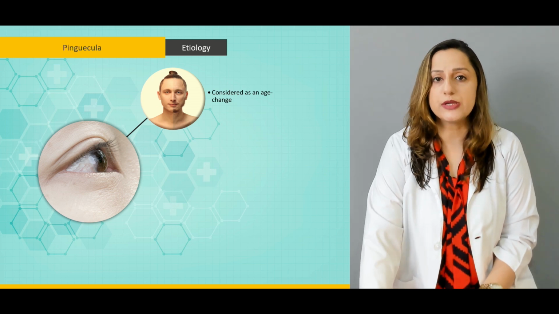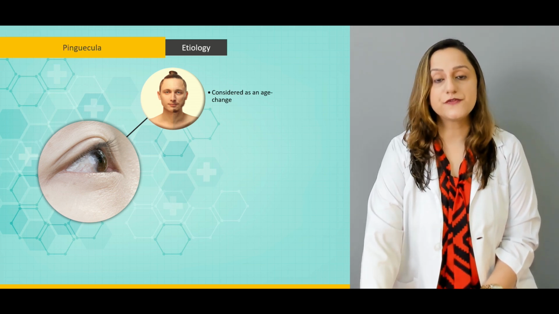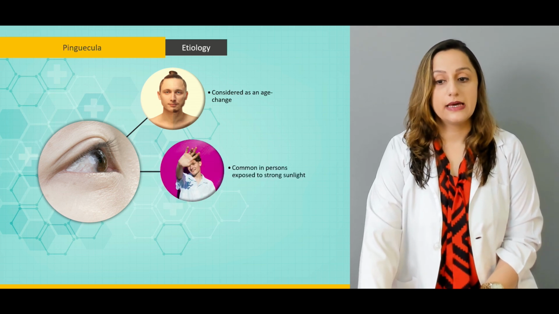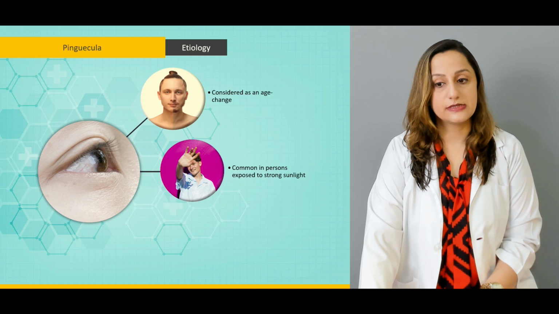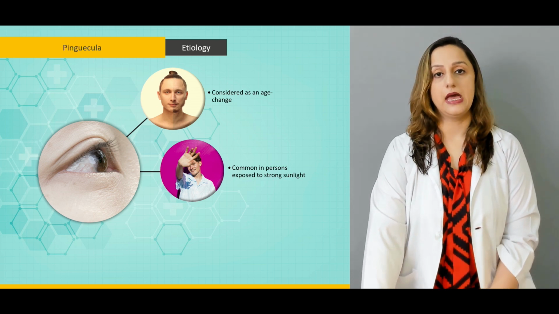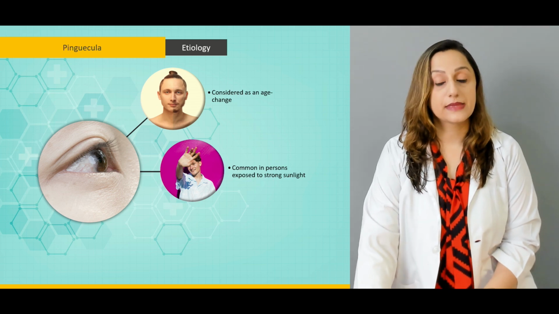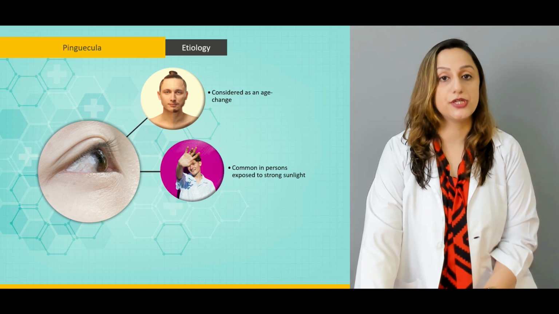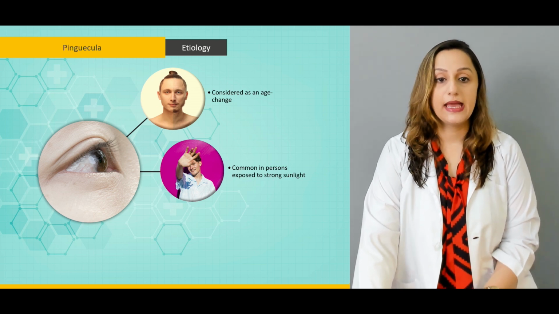So it's usually very common in the 5th to 7th decade of life. Then obviously it's more common in persons who are exposed to strong sunlight. So it can be the photosensitivity that is causing this particular kind of pingueculous degeneration in an individual.